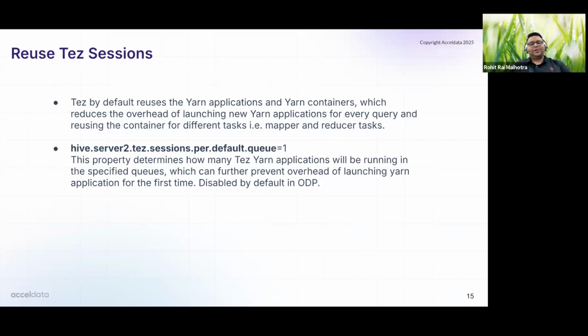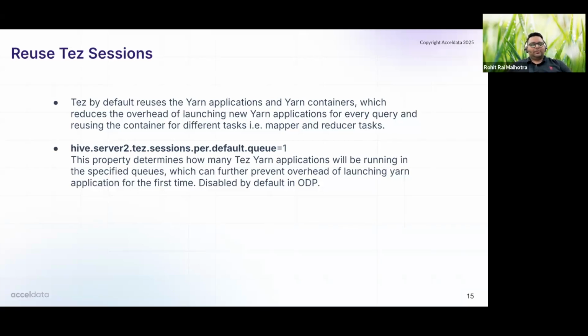This is how it saves the time to start a new application and is much quicker compared to MR. Now there is another property, which is hive server2 tez session per default queue. It specifies the number of yarn applications that keep running in the queue to avoid launching the container on the first attempt as well.